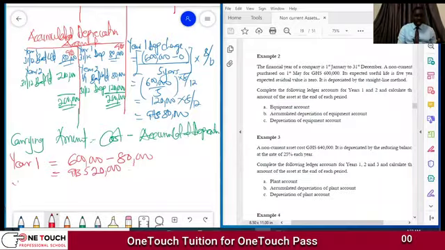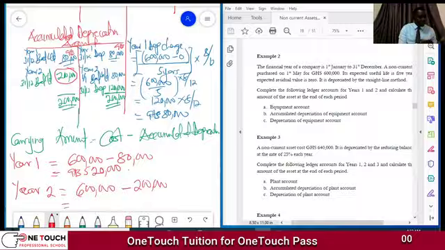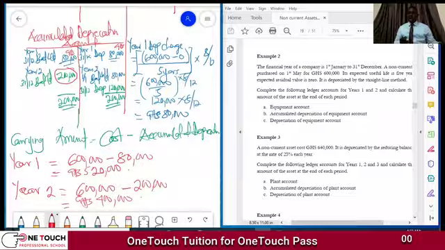Now, at the end of year 2, the cost is still 600,000, but the accumulated depreciation is what? 200,000. So 600 minus 200, that's 400,000. Okay, good.